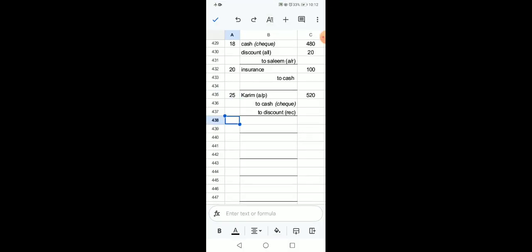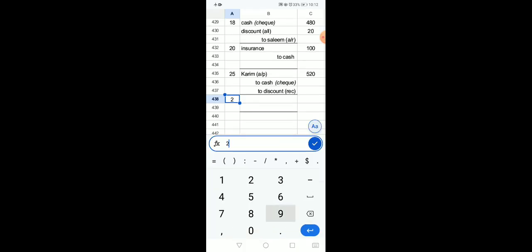Now let's see what is next for us. It is 29. So you will post 29 over here. All right. Now see what 29 is saying. Check which was issued to Kareem dishonored. Here is Kareem. You have endorsed that check to Kareem.